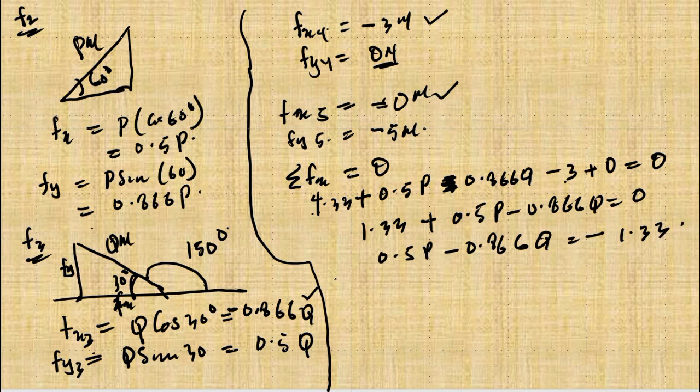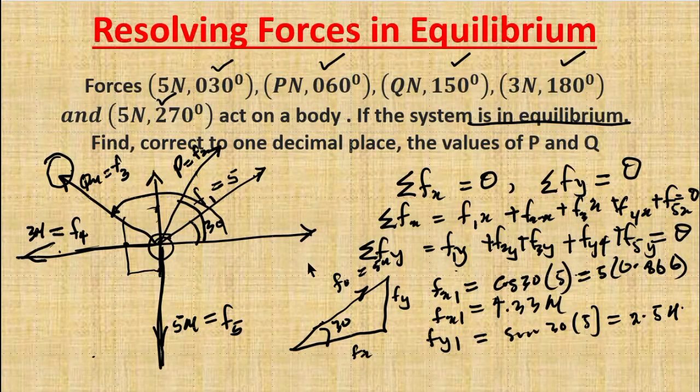Now let's pick for Fy. Summation of Fy also equals 0. I'll pick from the first force F1. For Fy, I have it as 2.5 Newton.